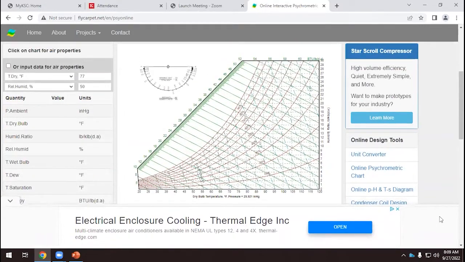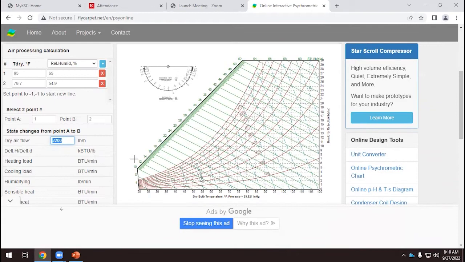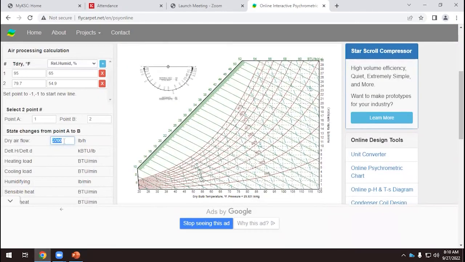Okay, there you go. I'm sure that some of you got this number in CFM and just typed 100 CFM here. Be careful with units, okay? Because here we have pounds per hour, so how do we turn CFM into pounds per hour?